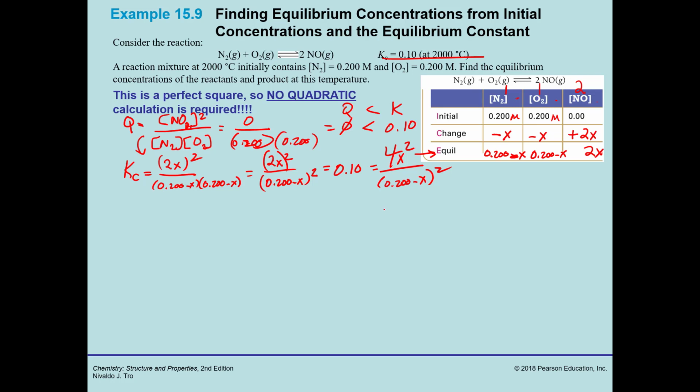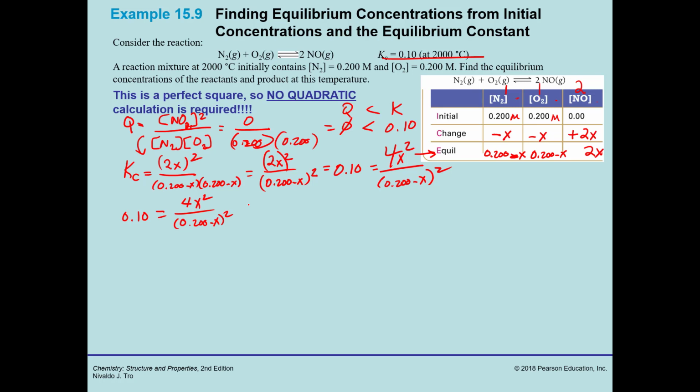So 0.1 is equal to 4x squared divided by 0.2 minus x squared. I'm going to rewrite it over here so it's a little easier to see, and you'll see why I left them in their little square things.